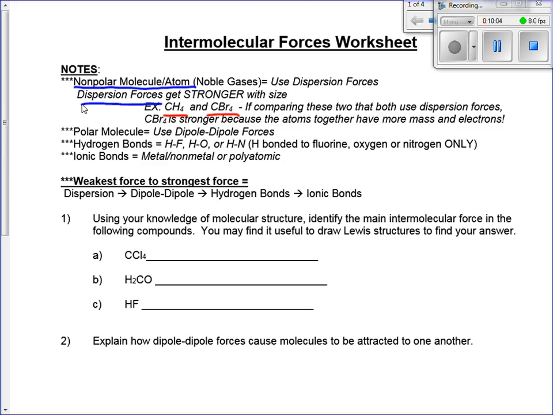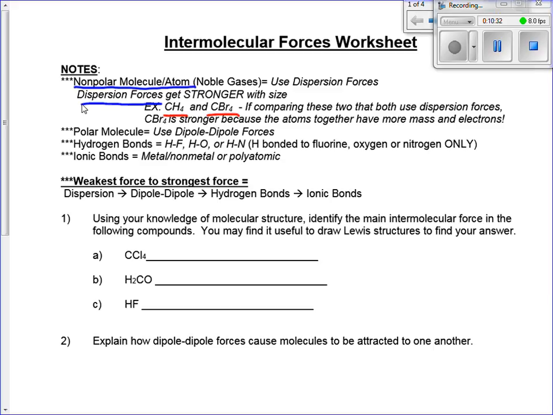They're bigger, that means their electron clouds are going to be bigger. If you have bigger electron clouds, you're going to cause a bigger dipole. So, if you have more mass and you're bigger, your dispersion forces will be slightly stronger than something like methane, which is smaller and doesn't have as big of an electron cloud. So if you have two dispersion force molecules to compare, you look for size.